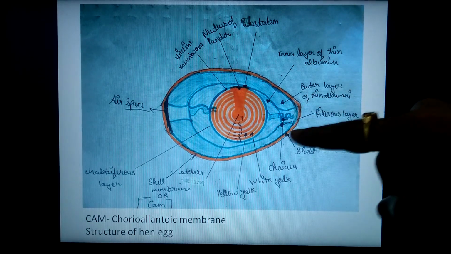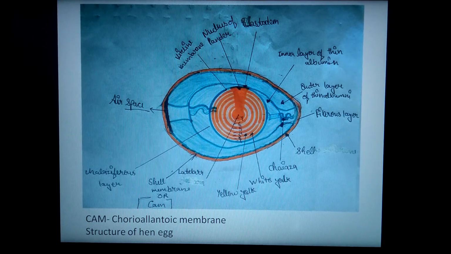This is the major route of inoculation of virus in an egg. However, three other routes can also be used: amniotic cavity, yolk sac, or allantoic cavity.